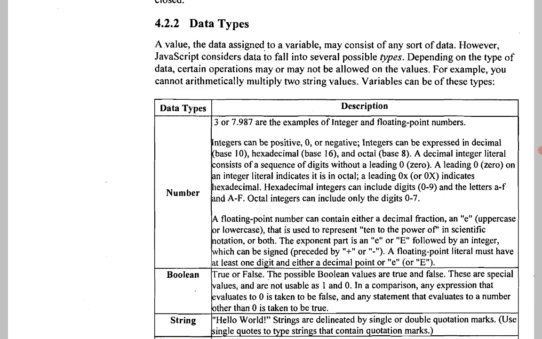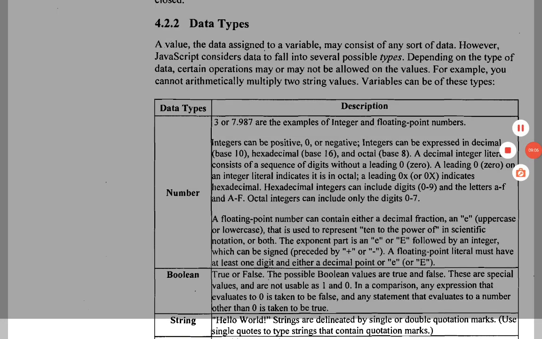However, JavaScript data falls into several possible types, and depending on the type of data, operations may differ. Various types of data are stored in variables, which are declared with a var statement.